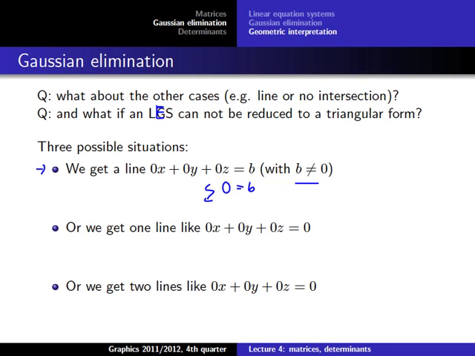But it could also happen that this b actually is 0. That means we end up having one line where we have 0 equals 0, which is always true. So we end up having two equations left with three unknown variables. So we cannot solve that, because to solve an equation with three unknown variables, we need three equations. So all we can do is write one variable in relation to the other one.